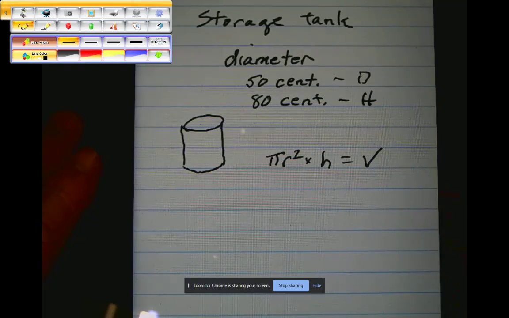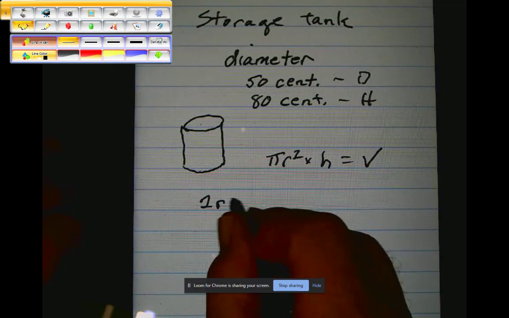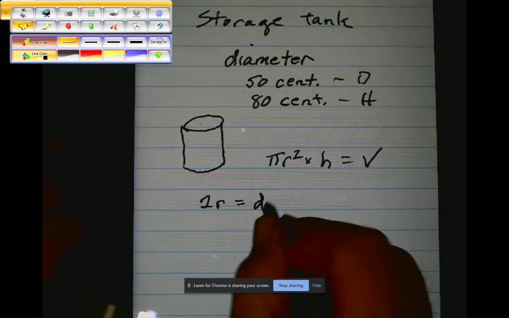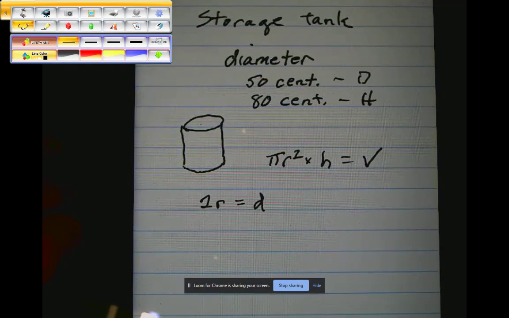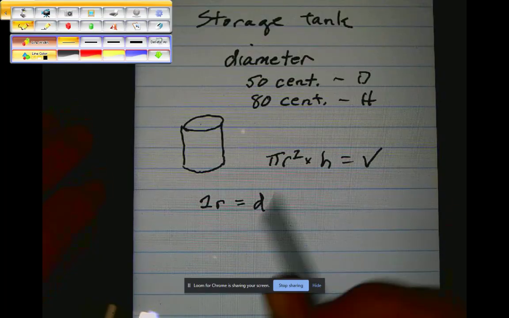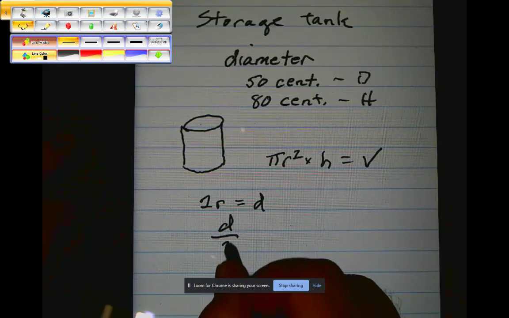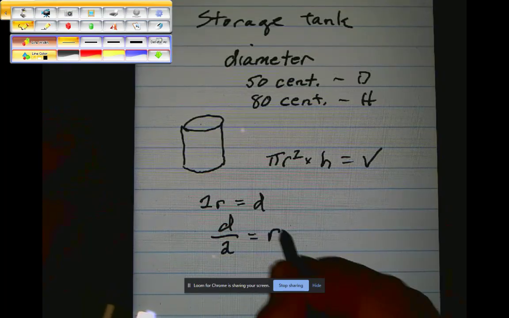Okay. And so I have the diameter. Now remember, 2 times the radius equals the diameter. So to get the radius of a circle, I just divide my diameter. So we can say it another way: diameter divided by 2 equals radius.